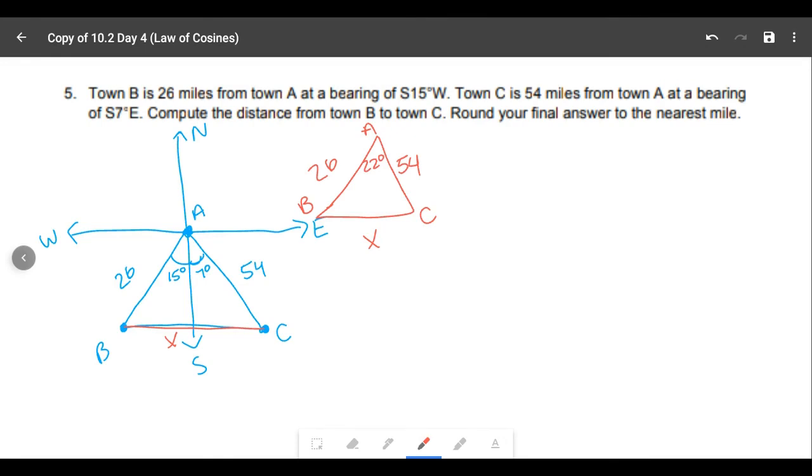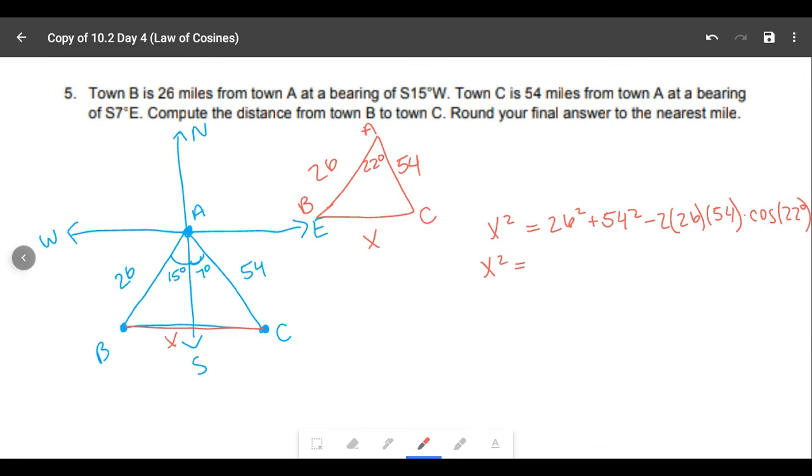Now this looks like one of the triangles that we've already solved for the third side using law of cosines. So let's go ahead, set up x squared equals 26 squared plus 54 squared minus 2 times 26 times 54 times that cosine of 22 degrees.